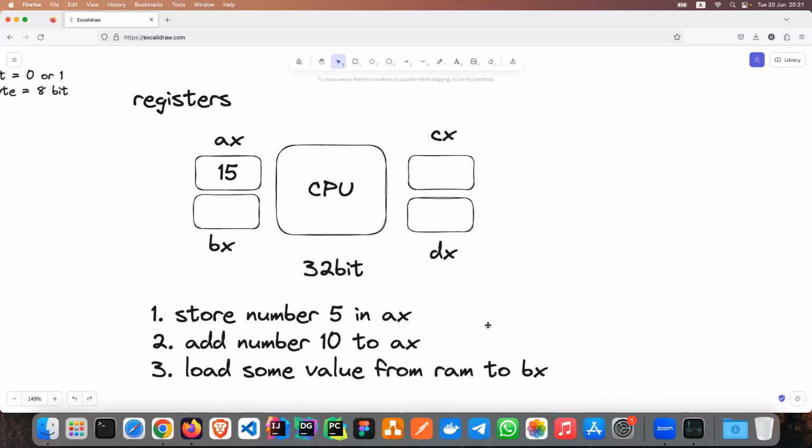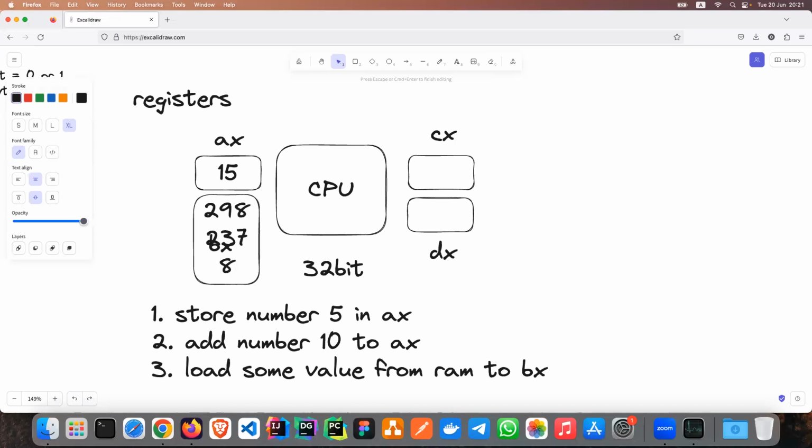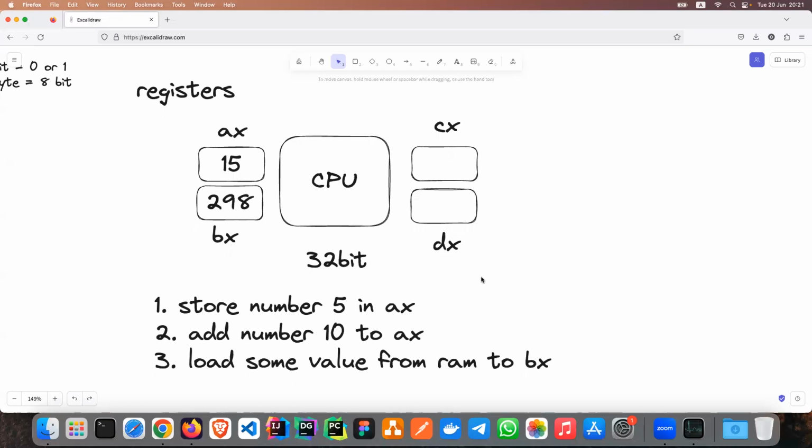Maybe in RAM we store some large number. The CPU will reach to the RAM, get this number, and store it into this BX register. Then we can continue doing calculations on that.